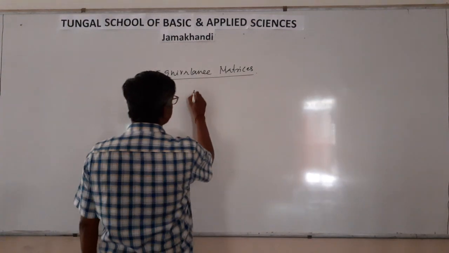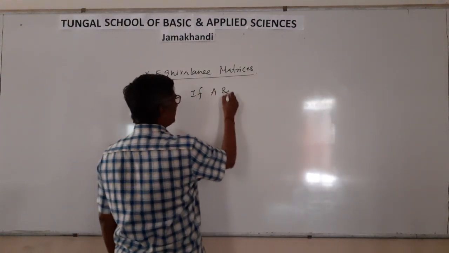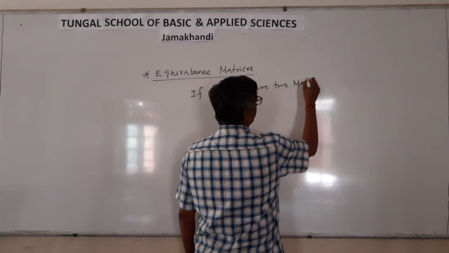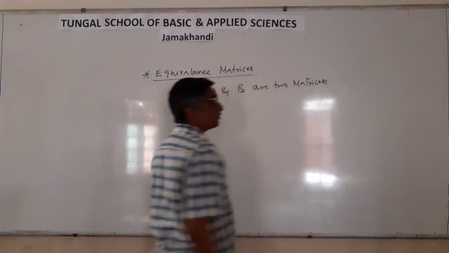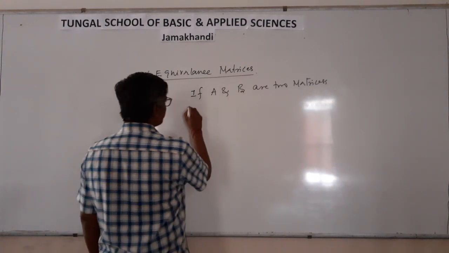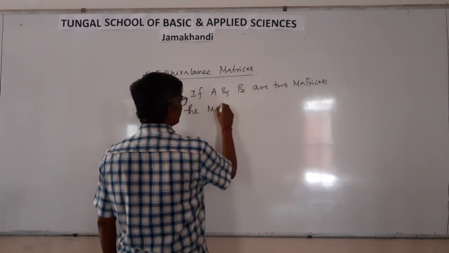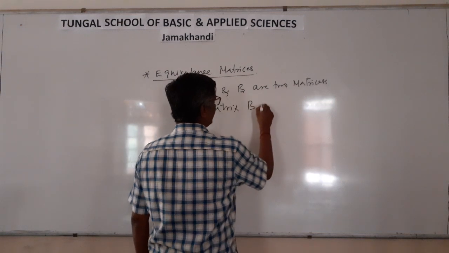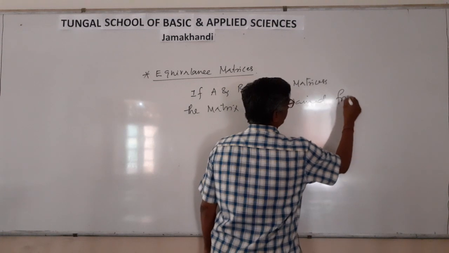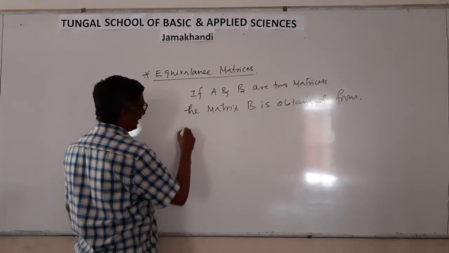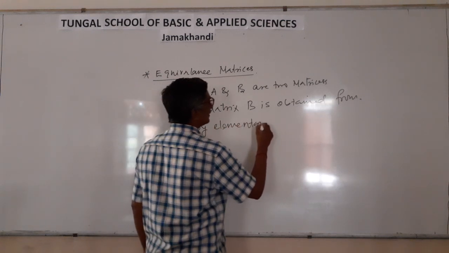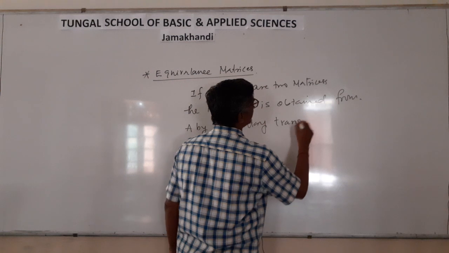If A and B are two matrices of the same order, the matrix B is obtained from A by elementary transformation.